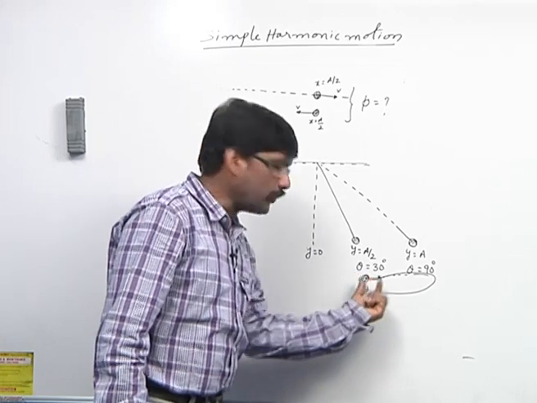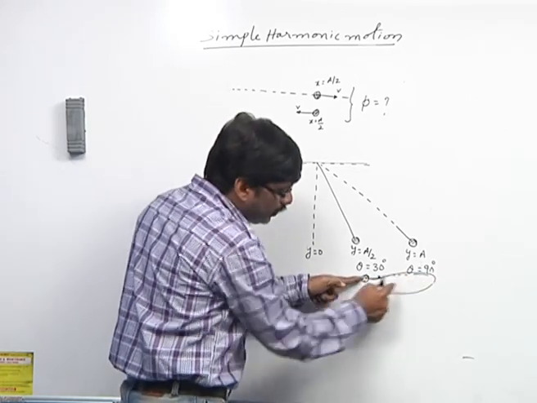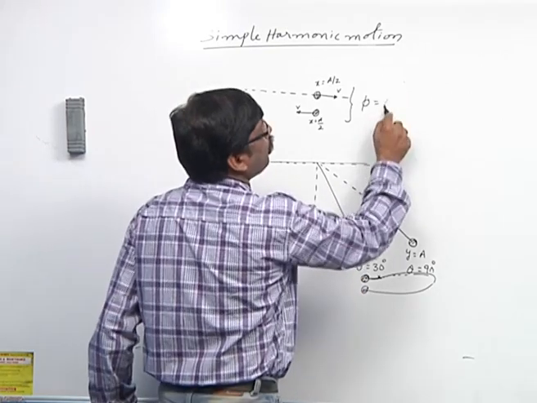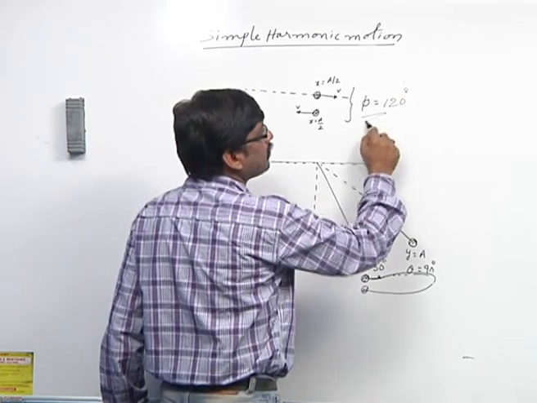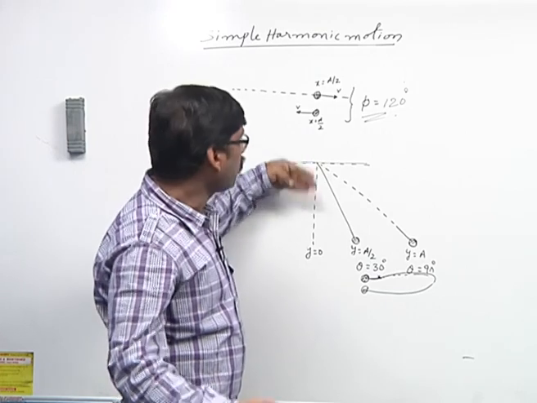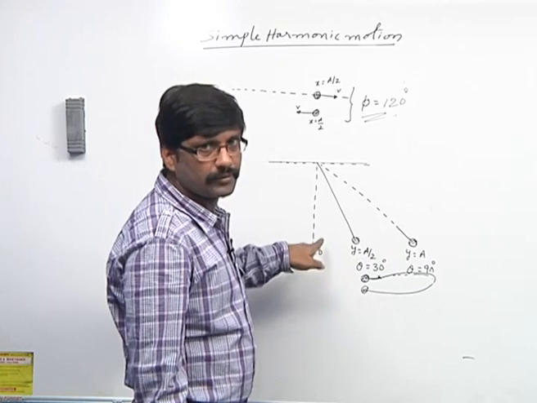Here degrees means phase. From here to here 60, from here to here 60, so the total phase difference is 120 degrees or pi by 3 radians. So, this is the conceptual way you have to solve it. We can avoid the heavy mathematics and work it out conceptually like this.